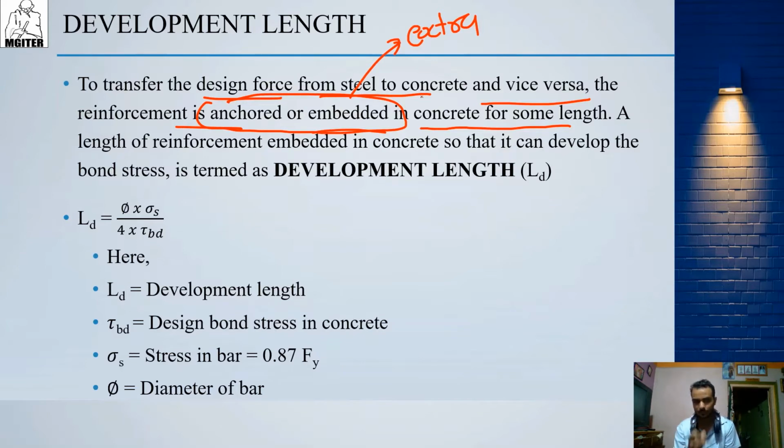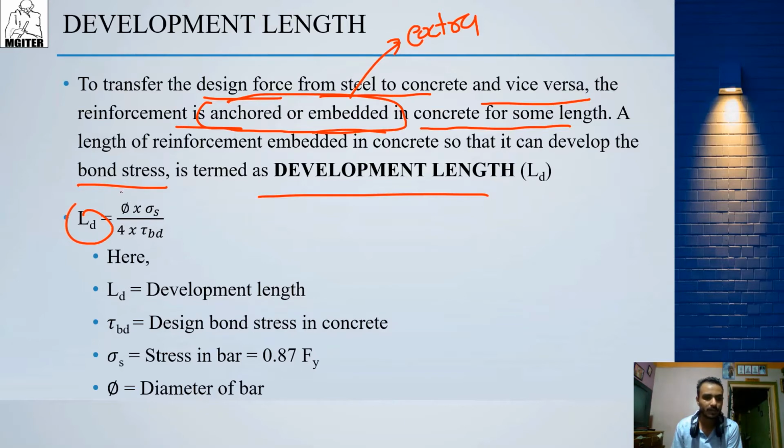Simple word: reinforcement is extra in concrete for some length. A length of reinforcement embedded in concrete so that it can develop the bond stress is termed as development length. Development length is denoted by LD.